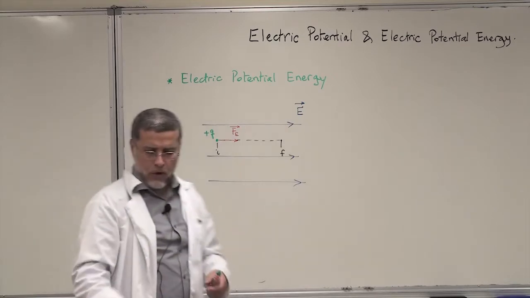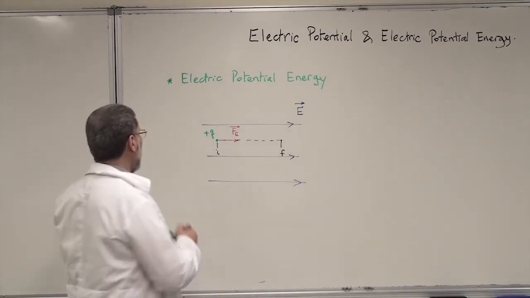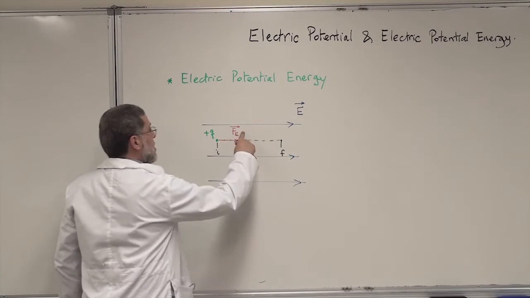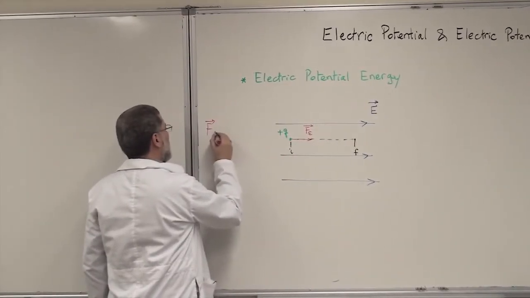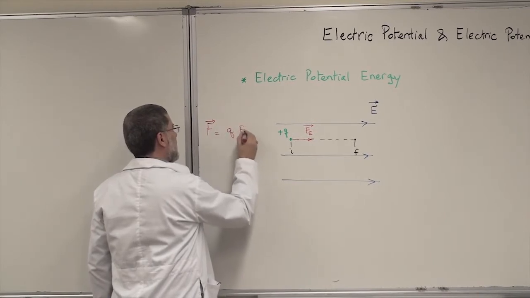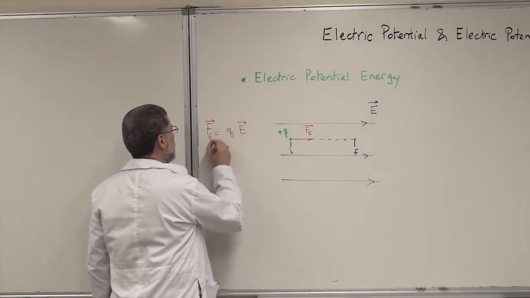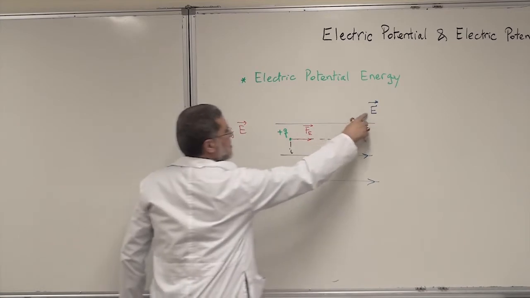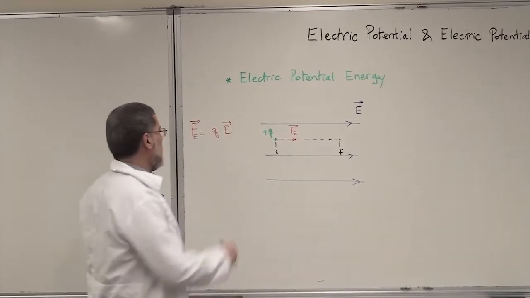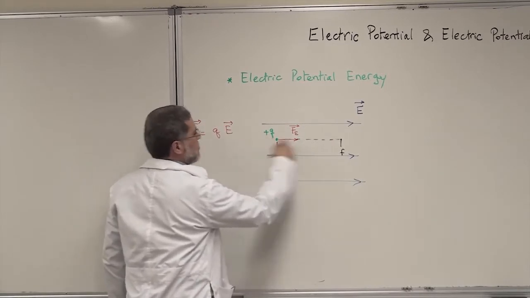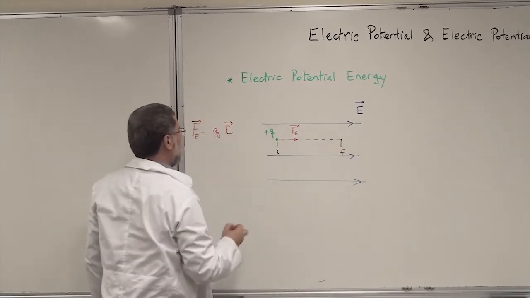And there will be work done on the particle, work done by the electric force. Now, that electric force, if you remember very well, is Q times E. Okay, the electric force is the charge times the external electric field. The E is the blue lines here, which are the external electric field, and the Q is this green charge which is going to move due to the force, okay?